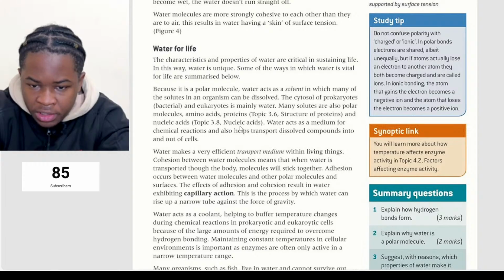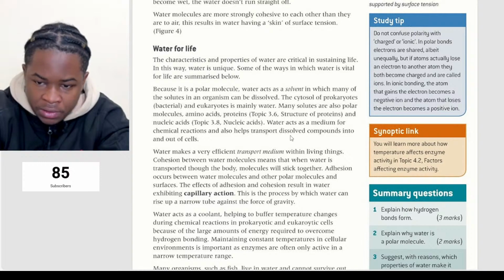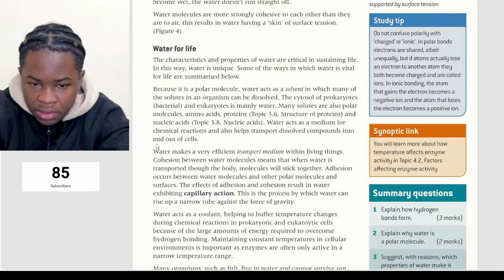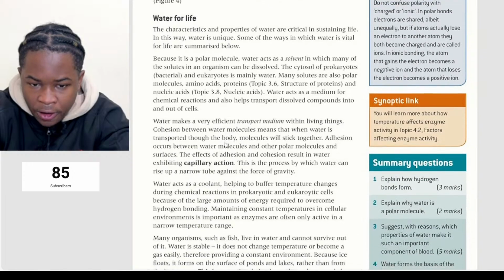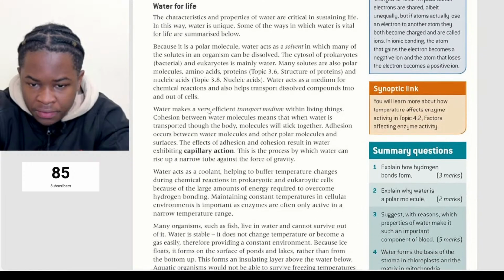Topic 3.8 Nucleic acid. Water acts as a medium for chemical reactions and also helps transport dissolved compounds into and out of cells. Water makes a very efficient transport medium within living things.